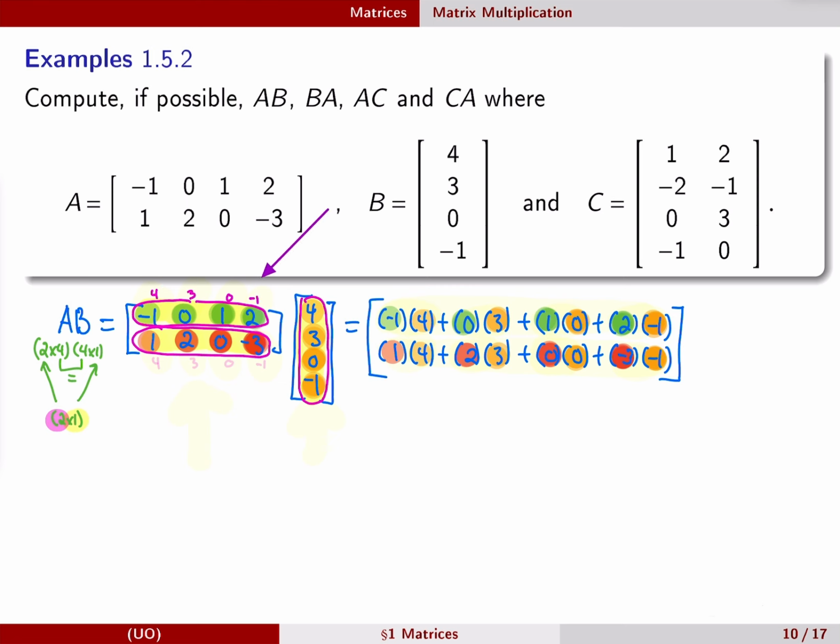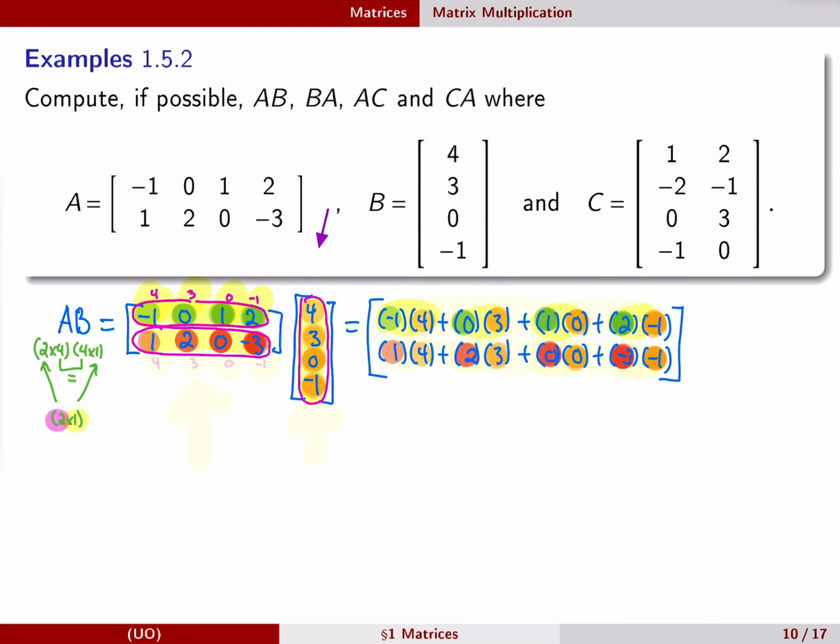The first number I'm going to get in my computation, that dot product, is minus 1 times 4, plus 0 times 3, plus 1 times 0, plus 2 times minus 1.